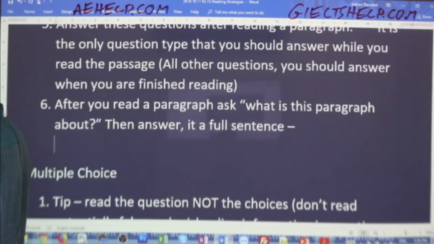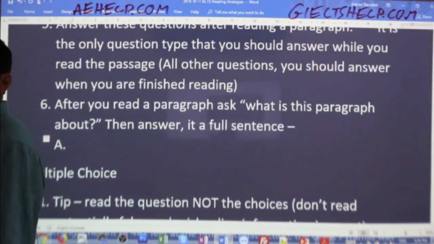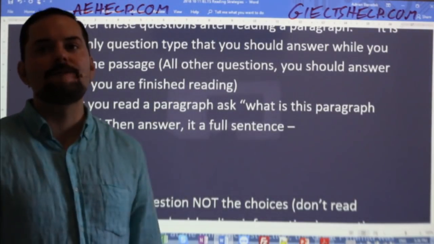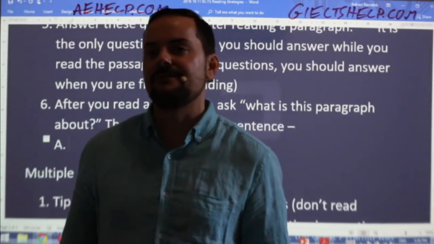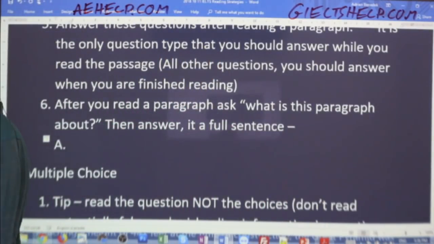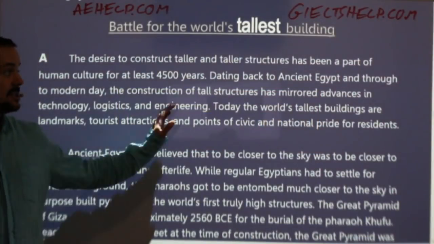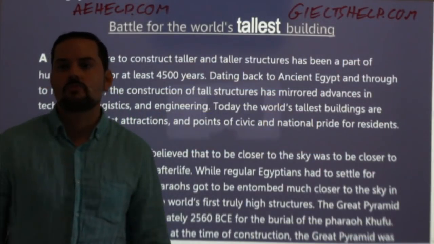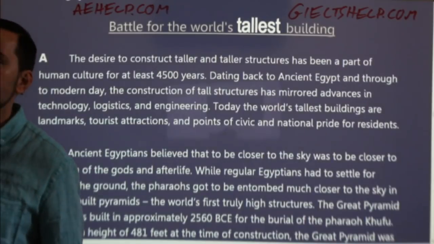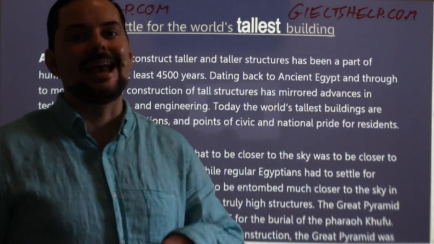What is paragraph A about here? So what is this paragraph about in a full sentence? What is paragraph A about? The one that we just read. Okay? So what is this paragraph about? Don't give me an answer. I just want to hear the answer of what the paragraph is about.